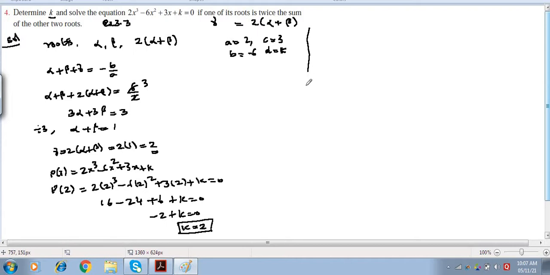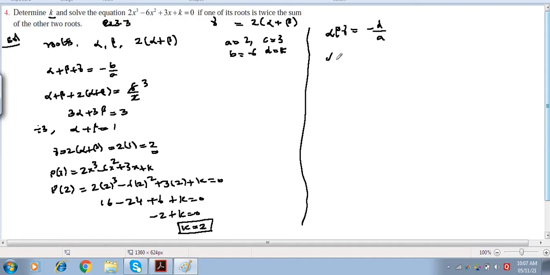Next, what do you have to find? The other 2 roots, alpha and beta, we have to find out. In the question, it is given to determine k, we got the k value, and solve the equation. Solve the equation means we have to find all the 3 roots. One of the roots we found, that is gamma equal to 2. Now we take the product of the roots, alpha beta gamma equal to minus d by a.